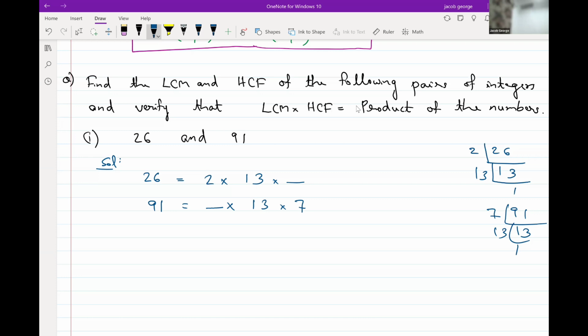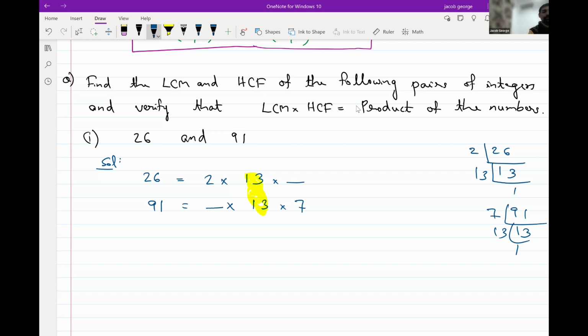Now it is very easy to write the HCF. For HCF, we check the common prime. What is the common prime? 13. Its lowest power is 13 raised to 1, since both are 13 raised to 1. So that is the HCF. I repeat, for the HCF, take the lowest powers of common primes. Common primes means the prime present in both the numbers. So the HCF is 13.